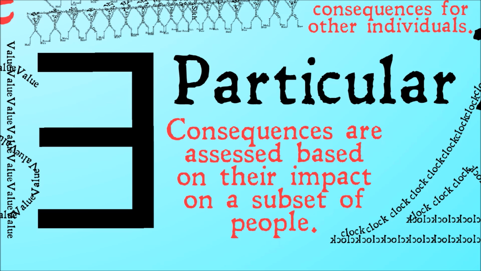Particular consequentialism, on the other hand, says that consequences are assessed based on their impact on a subset of people. There's only a certain group of people that we're going to be counting the consequences for, or a certain group of animals, if you want to include other animals in this. Particular consequentialism says that there's a subset of everyone that we're looking at, whereas universal says we're looking at everybody.